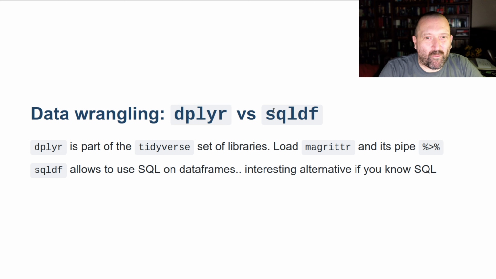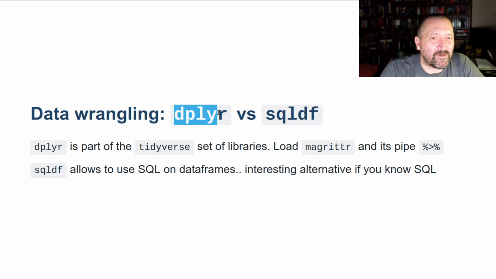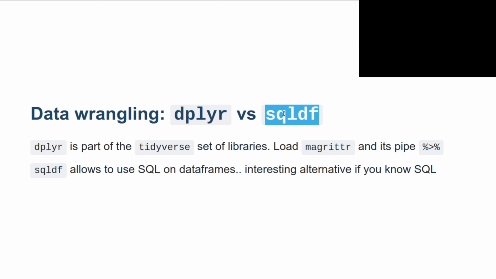I'm more old school. I worked for years with data sets using MySQL, which is a database programming language. Because I know that language quite well after those years, I tend to stick with SQL, but dplyr is a very good option as well. I'll just point out sqldf.